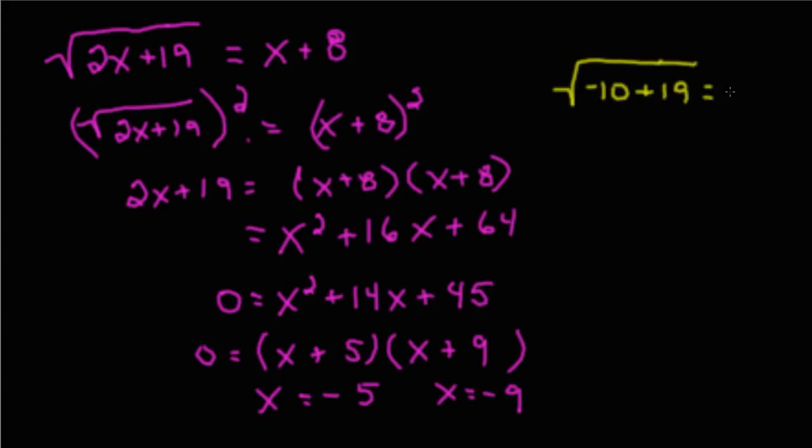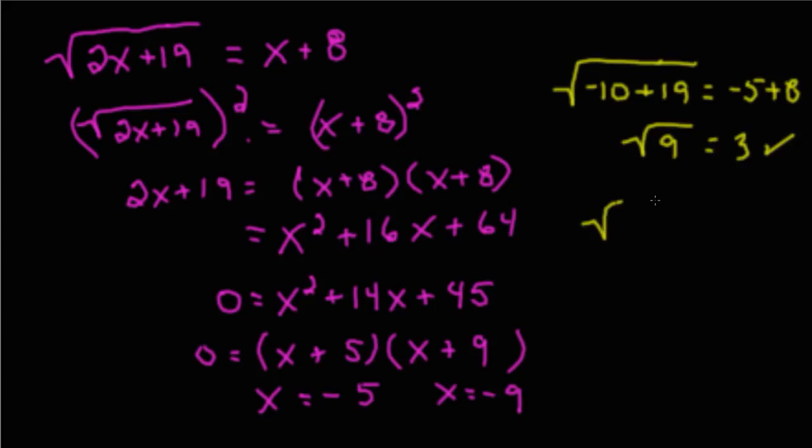Does that equal -5 plus 8? All we're doing is going back to our original equation here: square root of 2x plus 19 equals x plus 8, and substituting one of our solutions, x equals -5, into that. So -10 plus 19 is 9. -5 plus 8 is 3. Square root of 9 is 3, so that checks out.